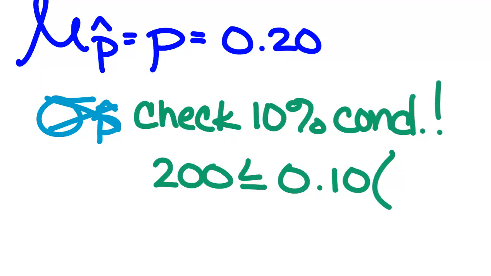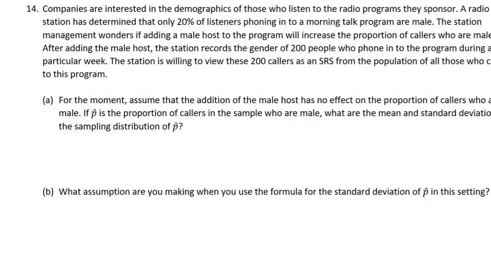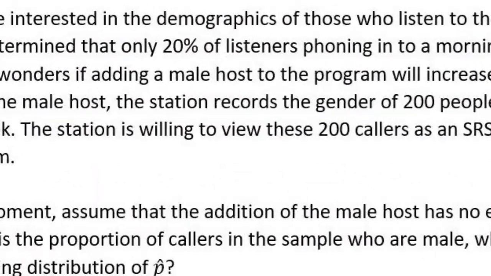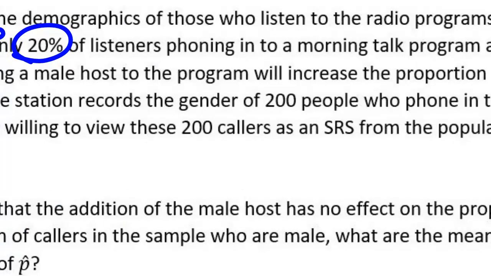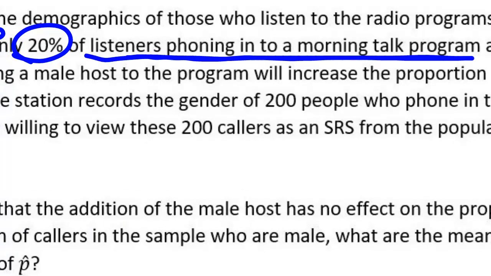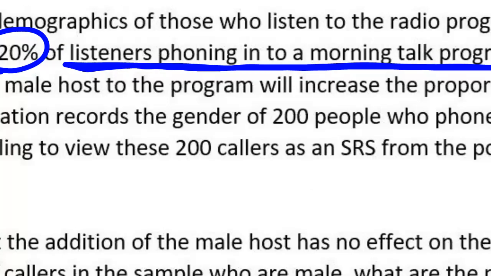I'm going to go back and look at the question stem, where it told us what p was, because it's telling me what it is the proportion of. That's going to give me a clue as to what my population is here. 20%, there's p, of listeners phoning into a morning talk program. This is my population.